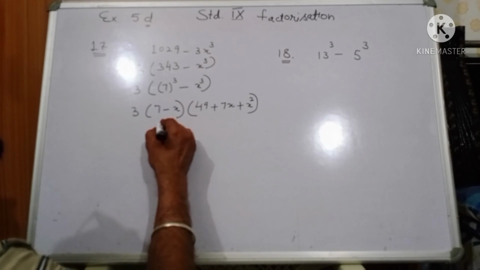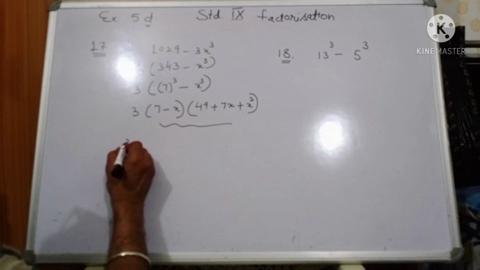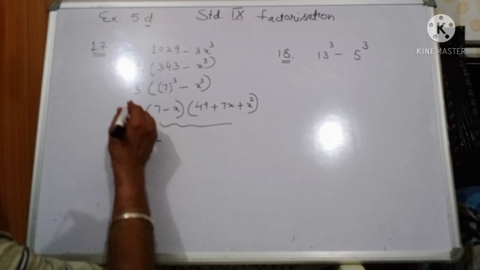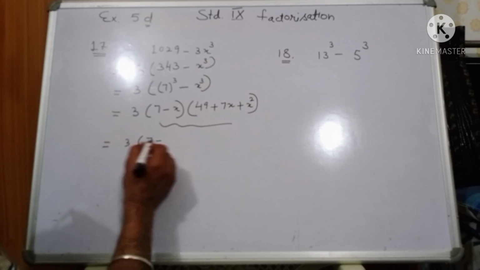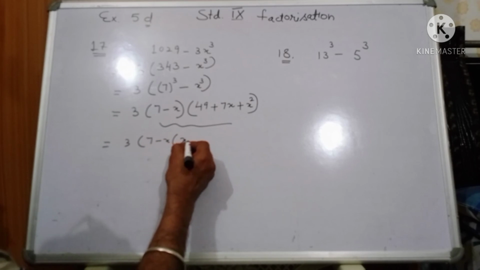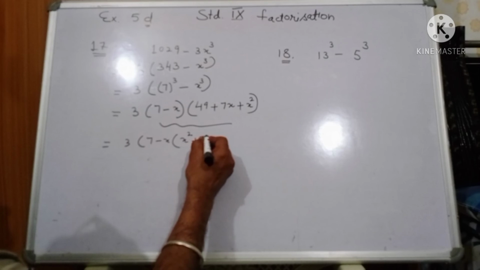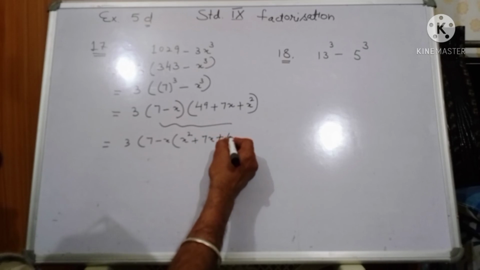So these are the factors of this polynomial. We will write it 3 into 7 minus x into x square plus 7x plus 49. In the proper order we will write.